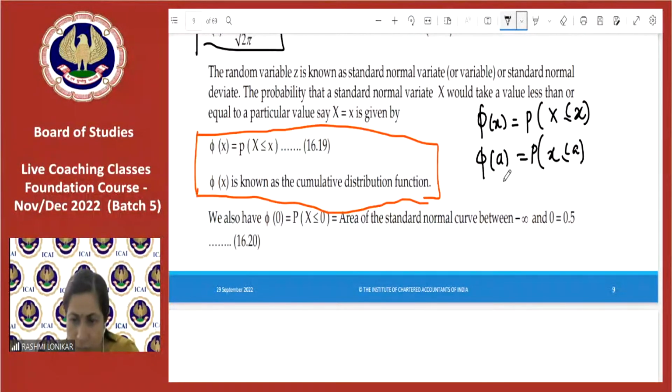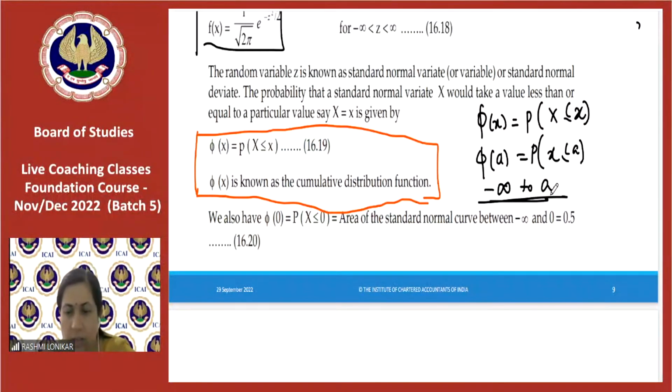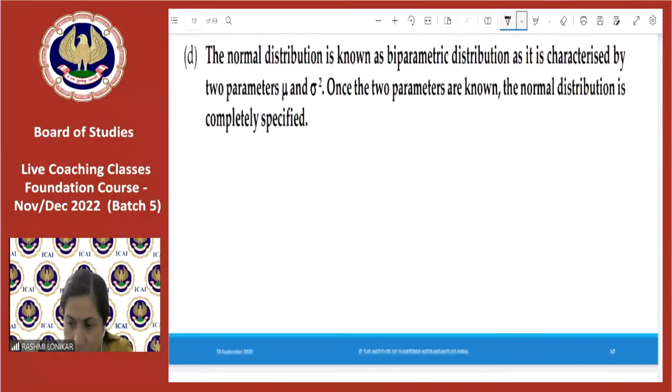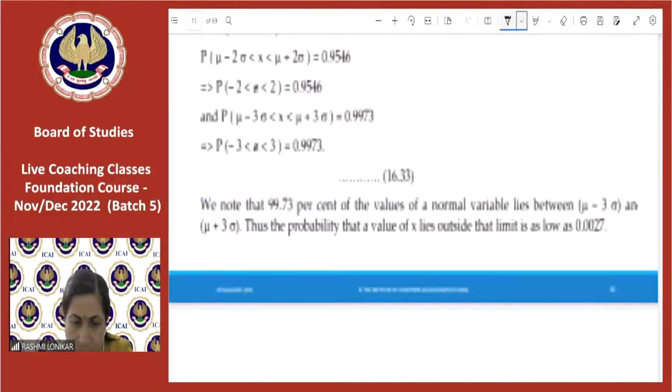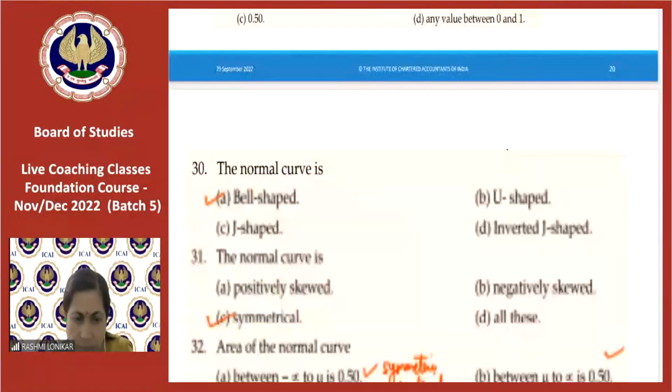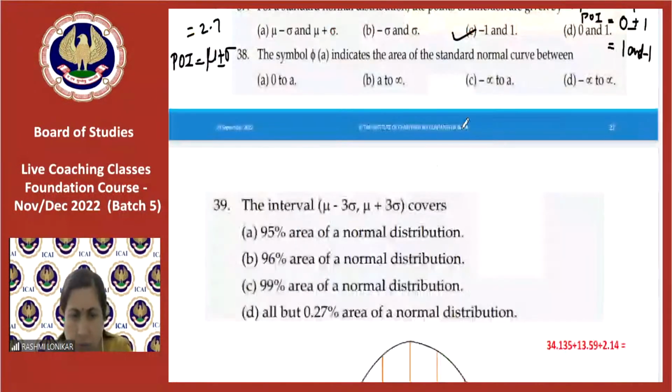What does it mean? It means from minus infinity to a. We are talking of the curve between minus infinity and a. So use this over here and get into the 38th sum. So this will be minus infinity to a.